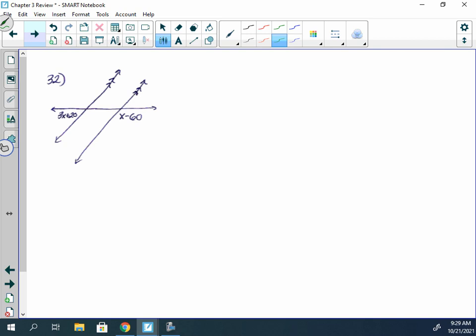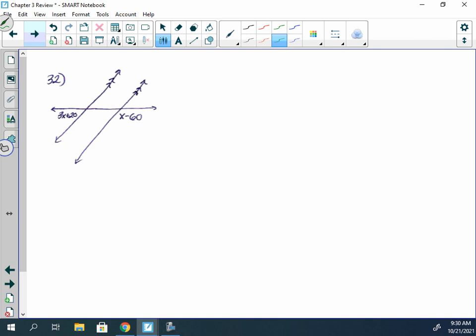Well, no. So that means they also can't be alternate interior. And since they're outside, they can't be consecutive interior. Alternate exterior would be opposite sides of the transversal. Are they on opposite sides of it? Well, no, they're both below it, yes.